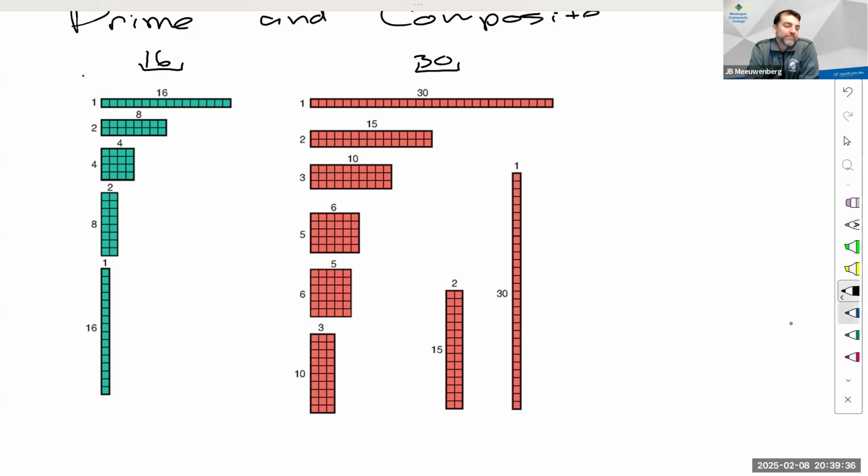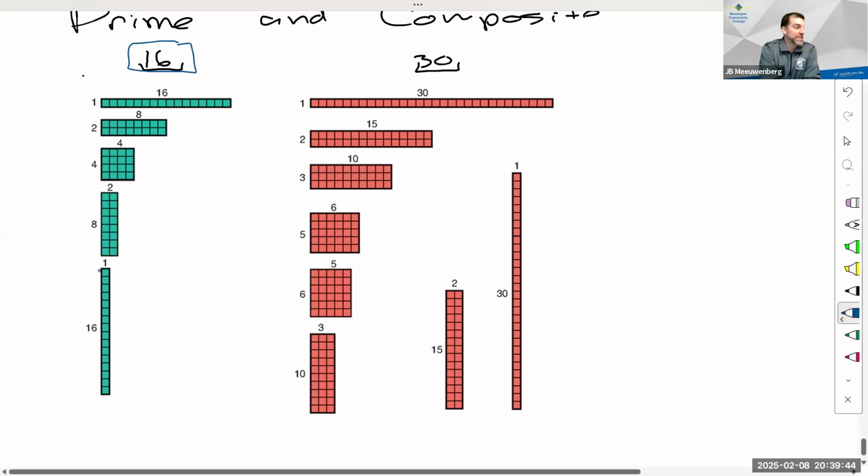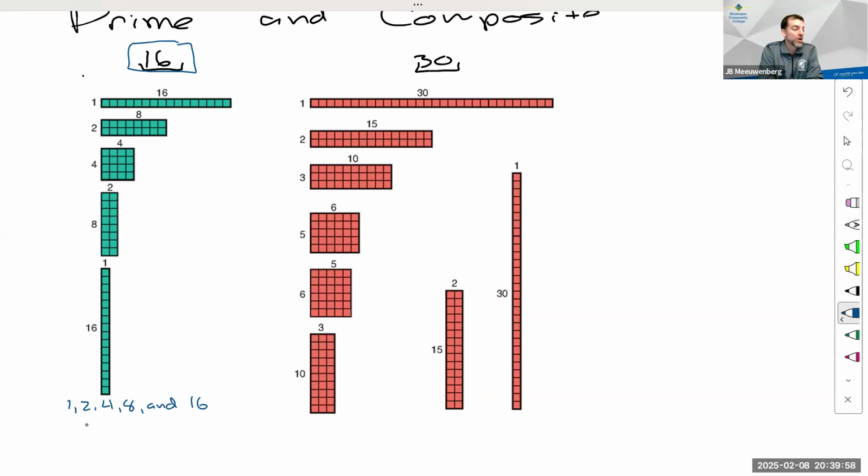So here's an example of something that you could have observed. For the number 16, based on these diagrams, the arrays, we can state that the numbers 1, 2, 4, 8, and 16 are all factors of 16.